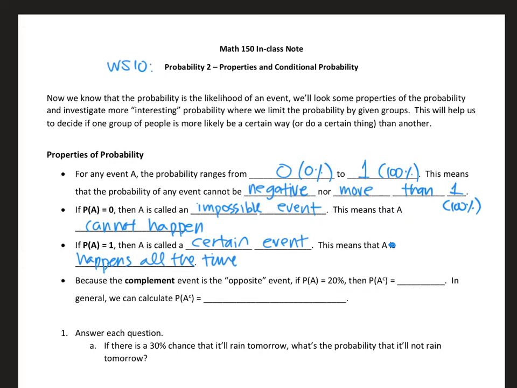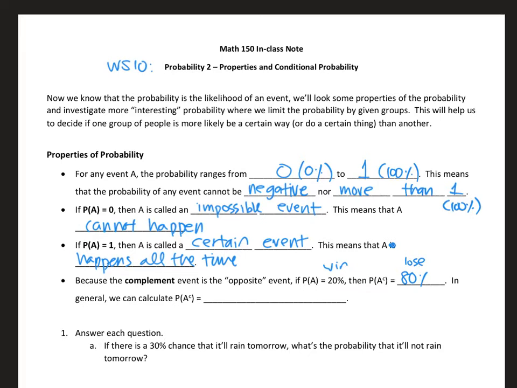We know the complement event is the opposite of the event. Let's say the probability of a certain thing happening is 20%. Then the complement event has an 80% chance. For example, if you have a 20% chance of winning, that means you have an 80% chance of losing, right? So they always add up to 100%.